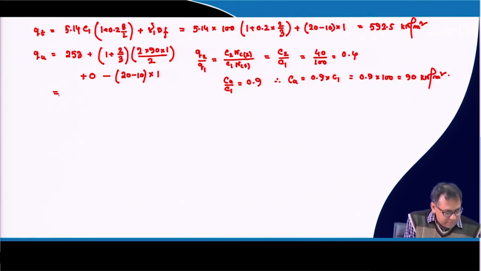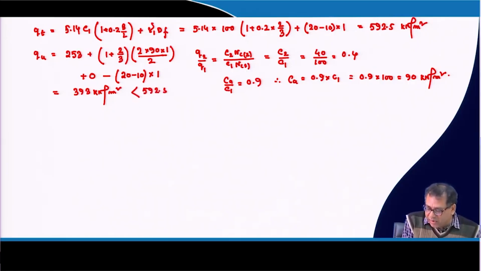Finally, the value will be 393 kilonewton per meter square, which is less than 592.5 kilonewton per meter square. So, finally, Qu will be equal to 393 kilonewton per meter square.